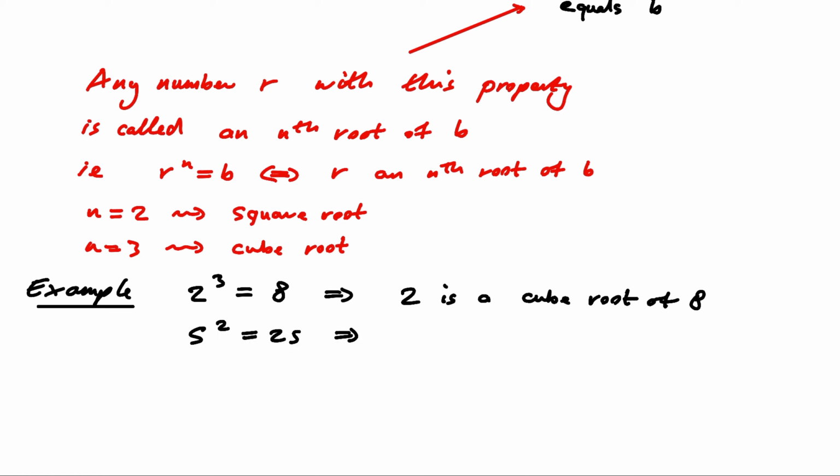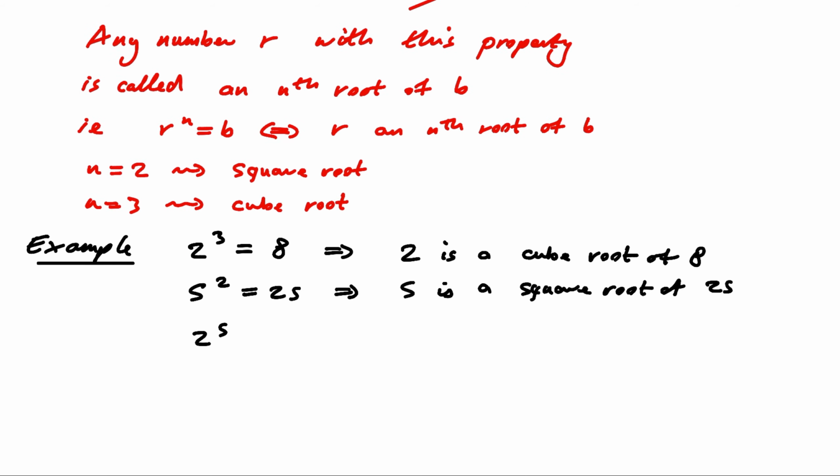That implies that 5 is a square root of 25. Okay, so we could go higher. Just as another example, 2 to the power 5 is equal to 32. That implies that 2 is a fifth root of 32.